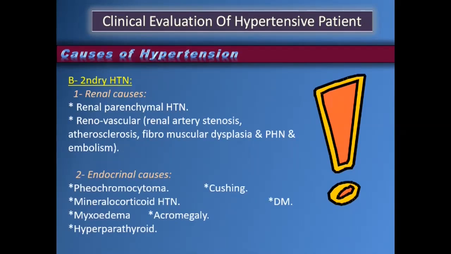Endocrinal may be due to pheochromocytoma, acromegaly, hyper and hypofunction of the thyroid gland, hyperparathyroidism, and maybe mineralocorticoid hypertension.